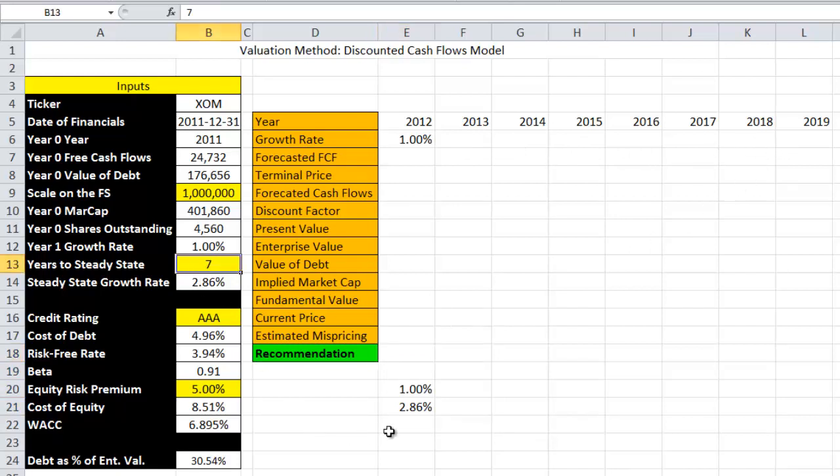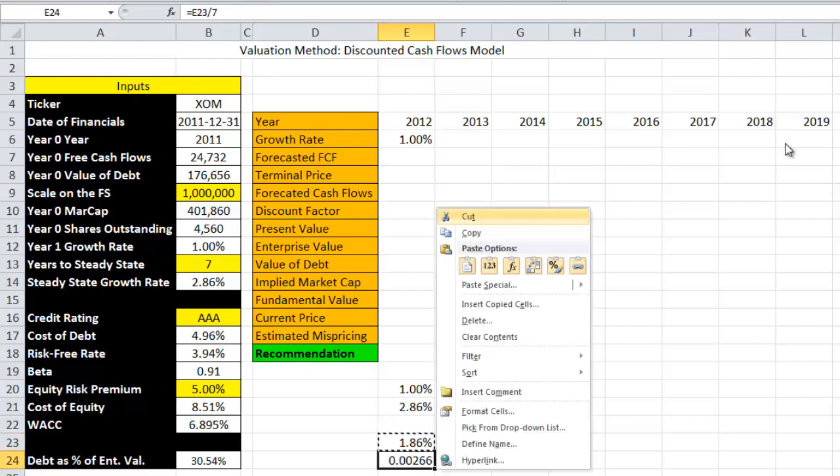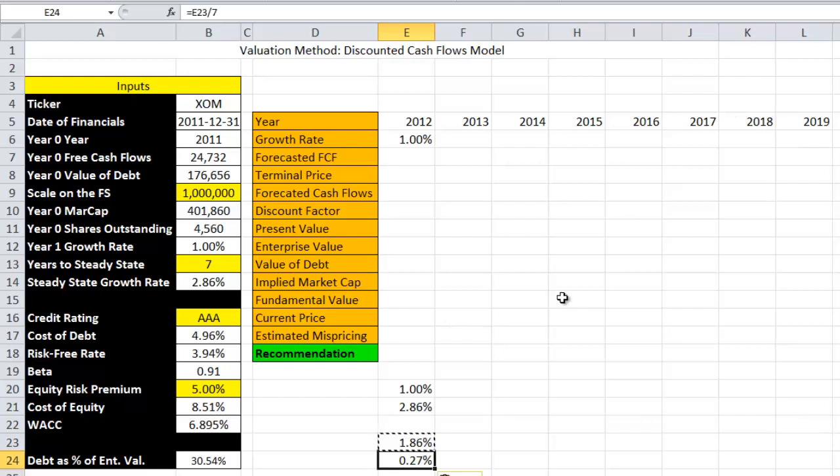So we have 7 years to steady state. What that means is we need to travel a distance of 1.86%. That's how far we need to go, and we have 7 years to get there. So that means every year our growth rate needs to increase by about 27 basis points.